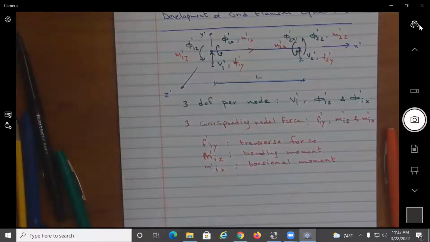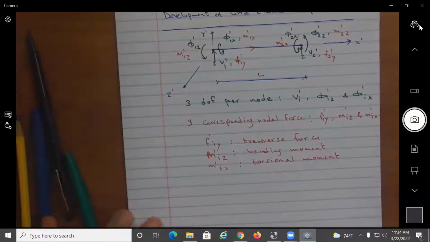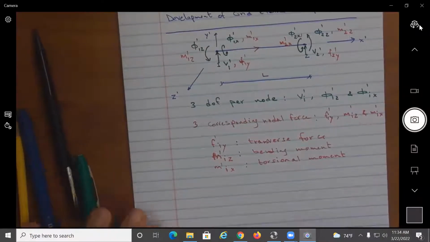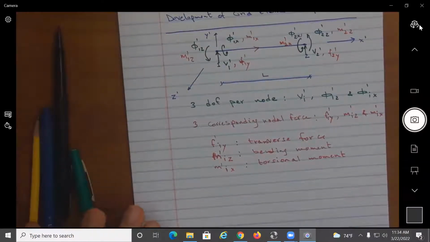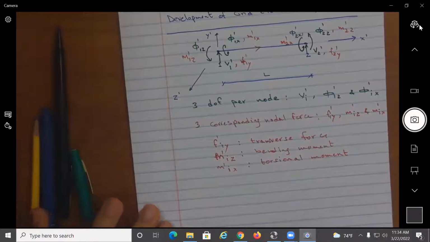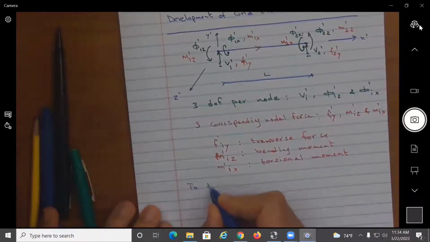So when I'm looking at a grid element, definitely we see a component coming from the beam element equations. But then the other component would be coming from an element that is purely in torsion. Okay, so like we did a bar element, we can derive a torsional bar element stiffness equations.